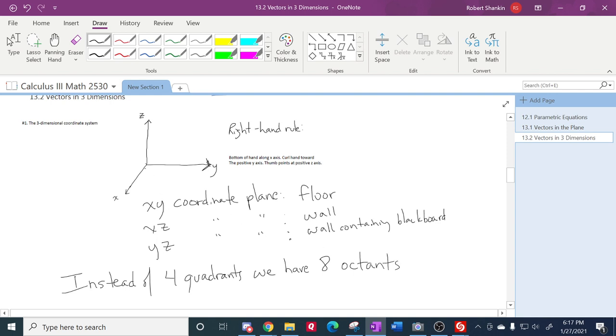Now, it's going to divide the world up into, because you imagine the x and y axis comes back over here, and the x axis comes back this way, y axis comes down here. So if all the coordinates are positive, we're in the classroom. But then we're on the other side of this wall if the y is negative. And then we're maybe outside the building if both x and y are negative. And then on the other side of this wall, so we have 4 octants above ground, and then we have 4 more underground.